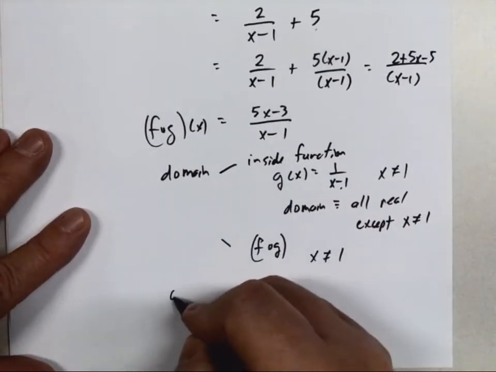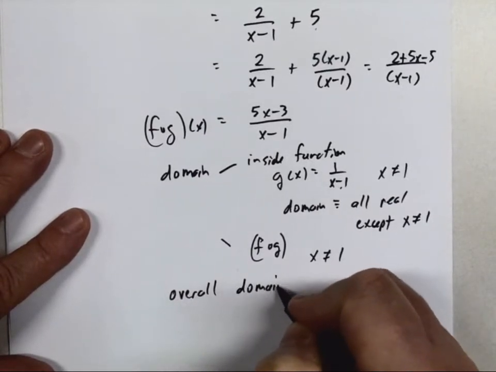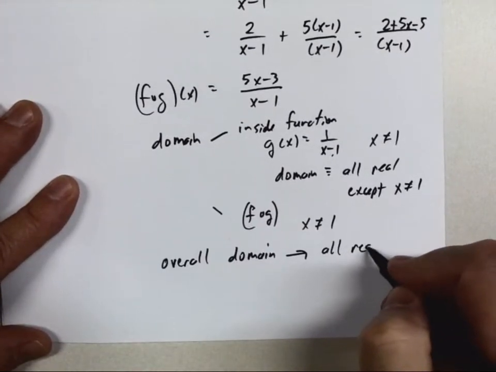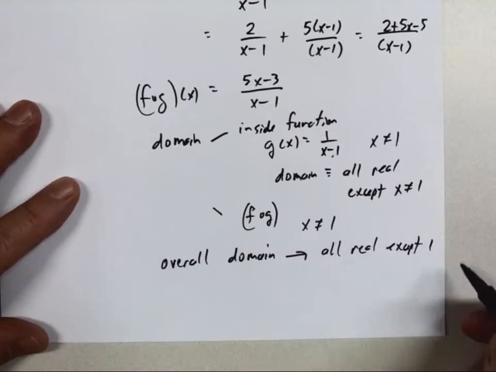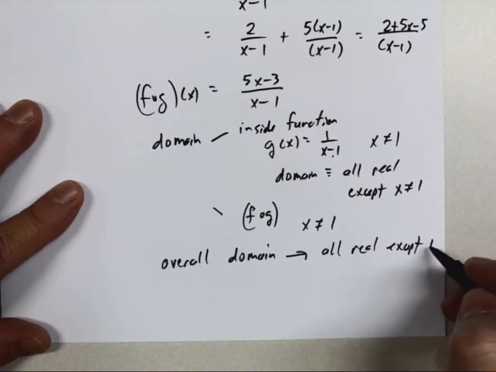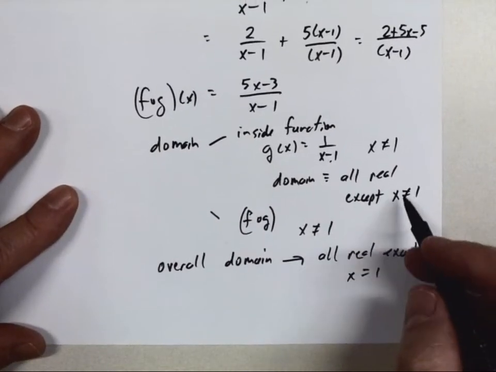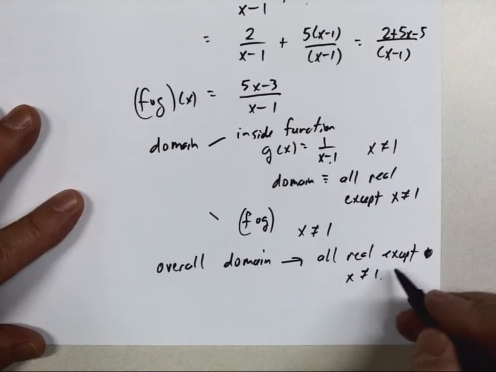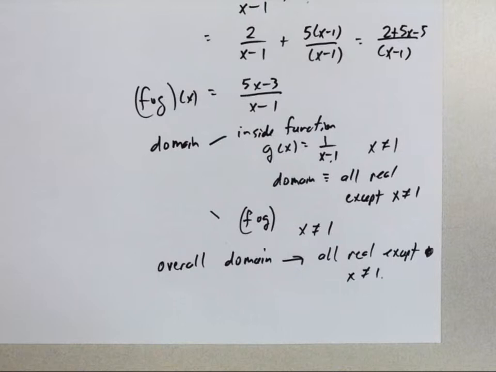Since these are the same, the overall domain is all real except x equals 1. I'm not sure what the correct math way to do it is. I sort of like it like this because it emphasizes x cannot be 1. Anyway, that's how you do that.